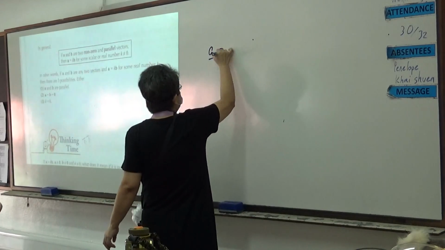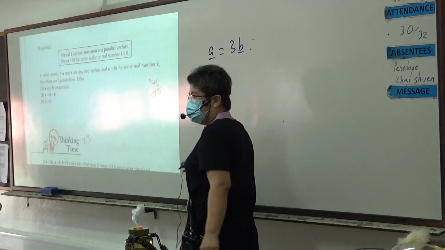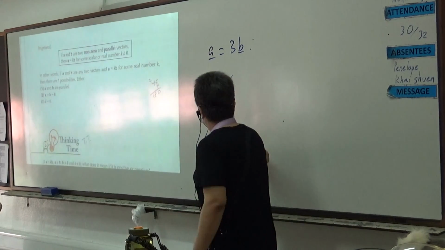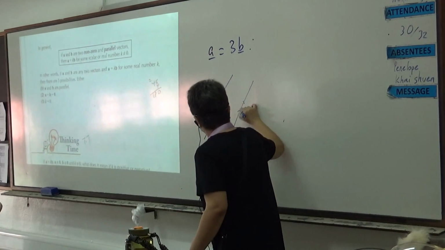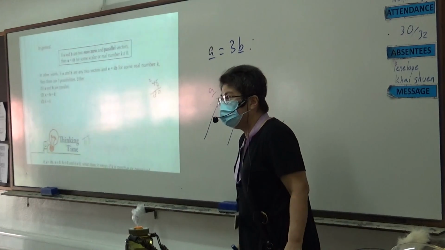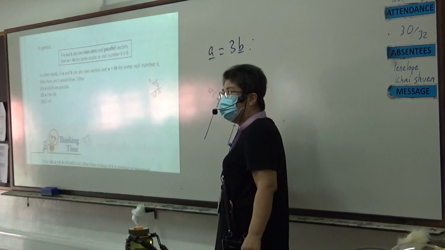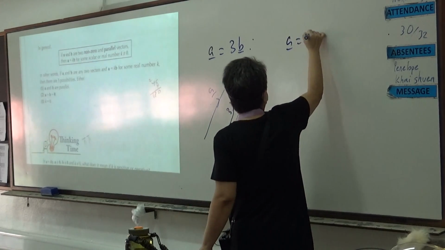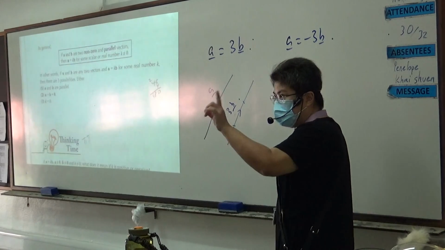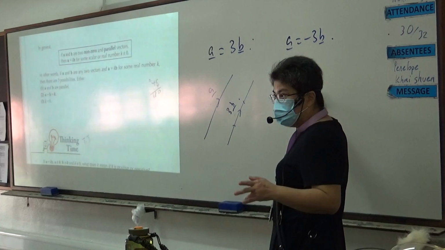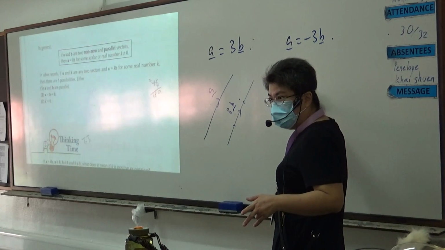If I have A equals 3B, that means I will have the vector A. This will be B 3 times, right? They are equal. So actually these two are parallel. Can you see? Now, even if I have A equals negative 3B, they are still parallel. Just that it is in the opposite direction. Are you clear with what I'm saying?